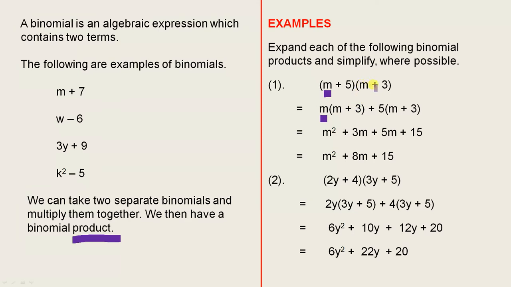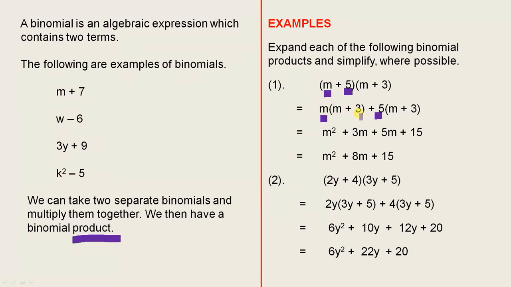So we multiply it by the second binomial. The next term here, which is the 5, we put it here, and we multiply it by the second binomial once again. So inside the brackets we have the second binomial, and the m and the 5, they are each of the terms from the first binomial.